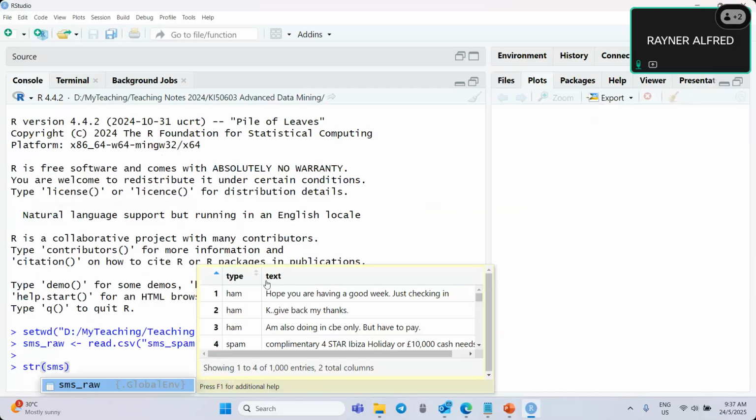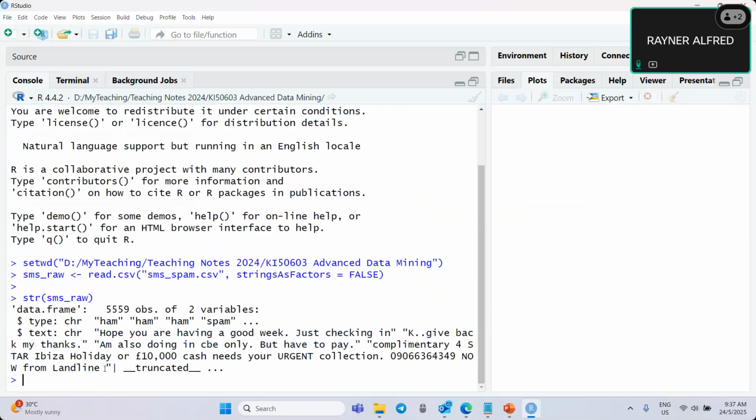Both type and text will be imported as strings of character, as you can see here, because we set this to false. This is okay for the text, but for this one we need to change it into a label, so we need to convert it into a factor.